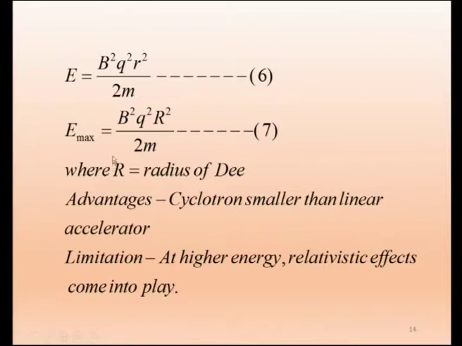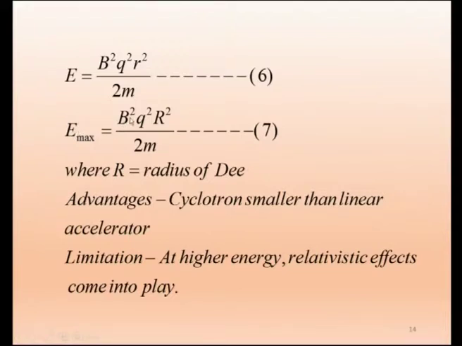Now here we find the maximum energy, E max, where we put r equal to maximum R. So you find that when a large magnetic field is applied, and also if the size is large, it can get large energy.